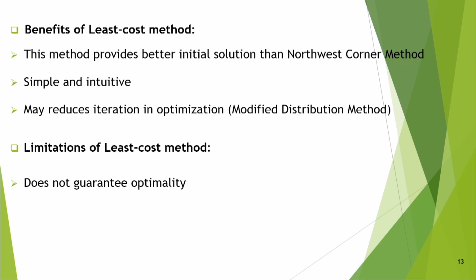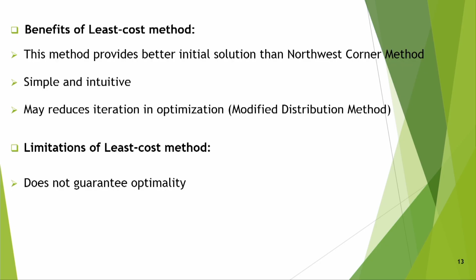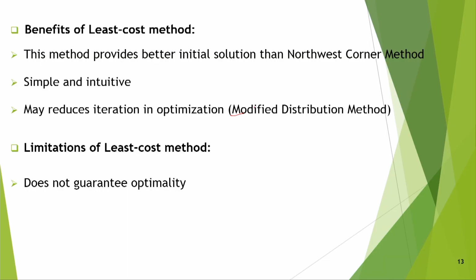It is simple and intuitive, because intuition says that you should supply to the cell which takes least cost, and it may reduce iterations in optimization. We will tell how to optimize these things, and one method which is very popular is called the modified distribution method, or the MODI method. Okay, taking MO and DI.